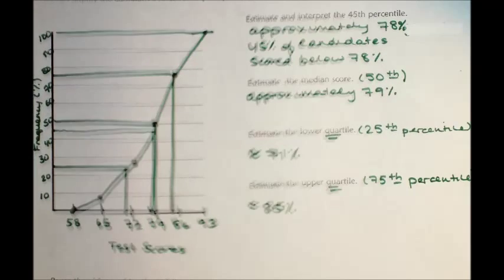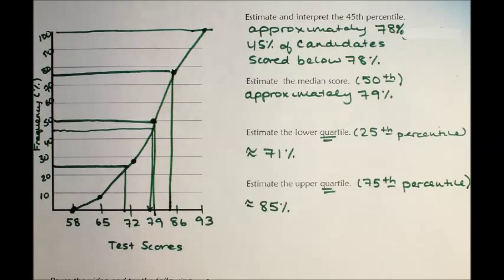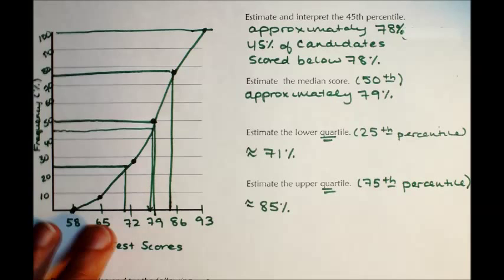So I'd like you to pause the video here and see if you can create a cumulative relative frequency graph for the data using the Major League Baseball teams. So your graph should look something like this.